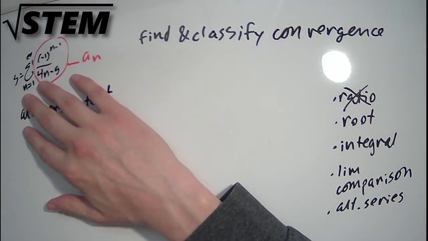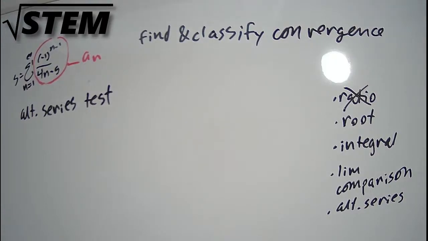It states that if the sum of the absolute value of an converges, then it converges absolutely. And if the sum of an converges conditionally, if the sum of an converges, and the sum of, oh, okay, yeah. Right.